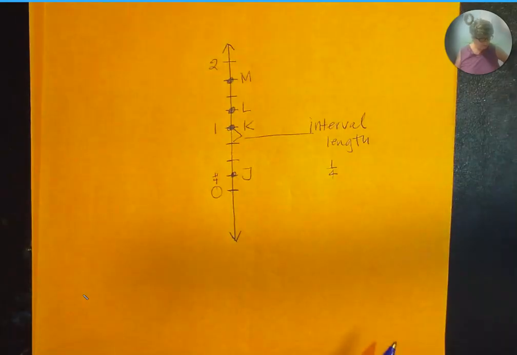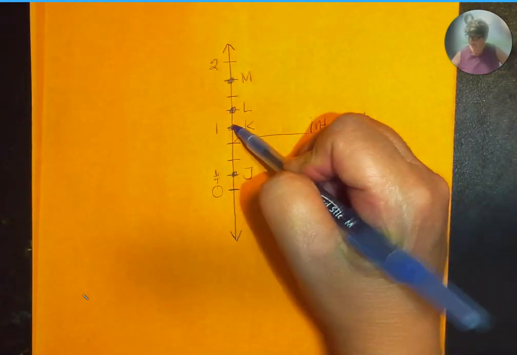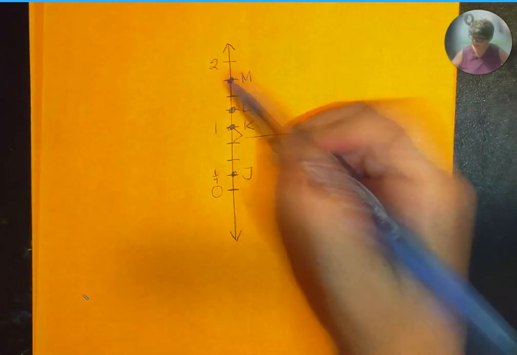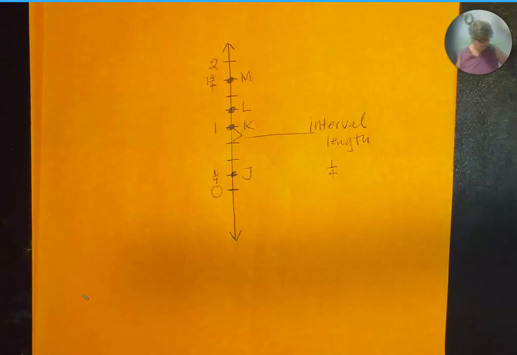If we start at 0 and travel along the line for a distance of 1 3/4 unit, at what point will we stop? So let's look for 1 3/4, 1, 2, 3, that will be point M, right? 1 3/4. How about point K?